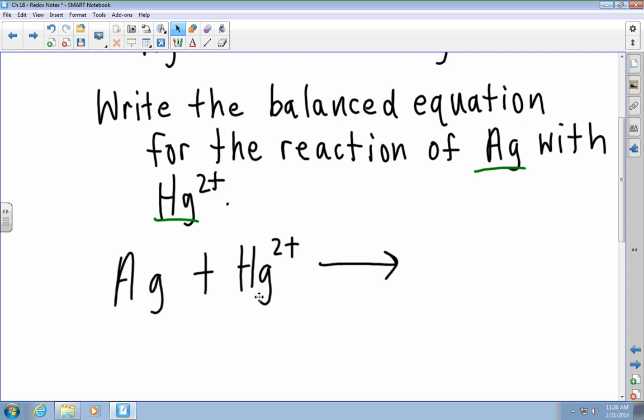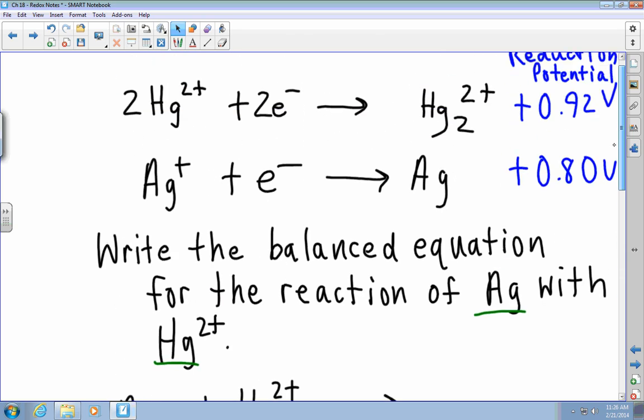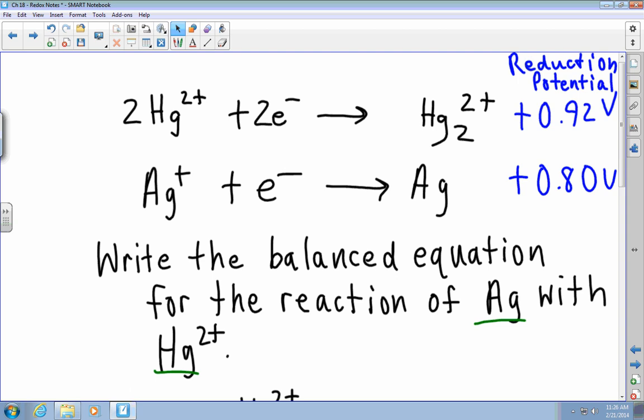To combine the half reactions, we do something similar to what we did with the Hess's law thermochemistry reactions in the last chapter. We're looking for the thing that we're starting with, and we're starting with silver metal. That means we're going to have to reverse the silver half reaction.